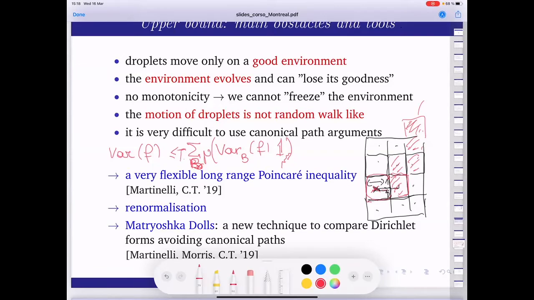So this auxiliary dynamics has a relaxation time here in front, which is simply finite. So this looks like what we were doing for the East model. It's not the same, but the spirit is the same.